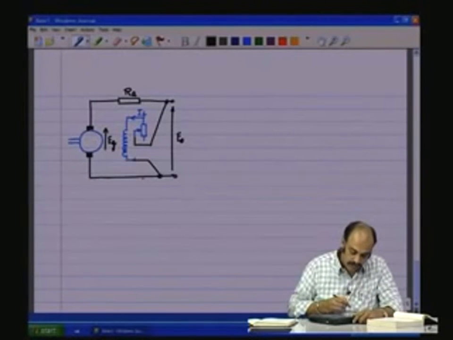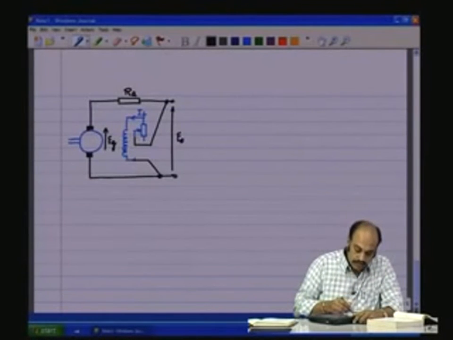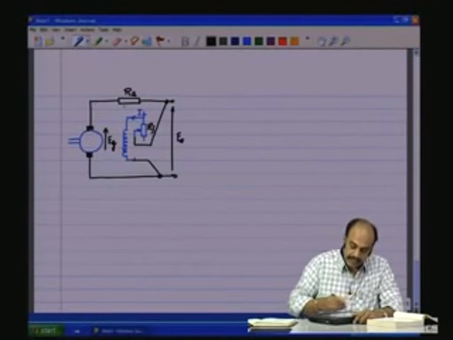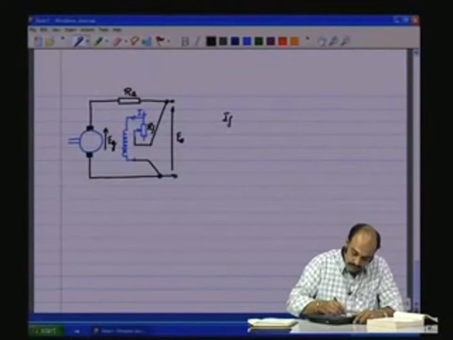It is from E naught. So, E naught by whatever this R, let us say this is RF, will be IF. So, IF is equal to E naught by RF.